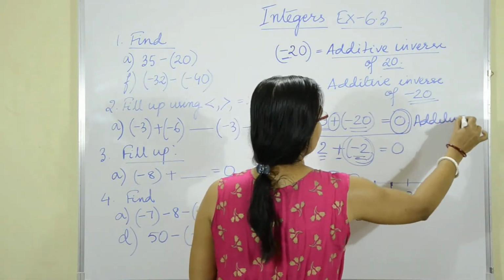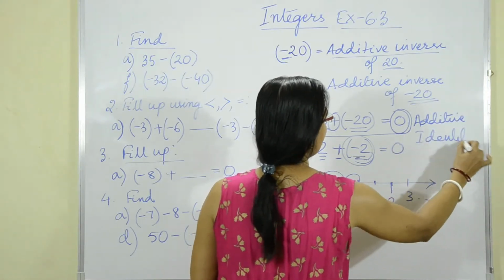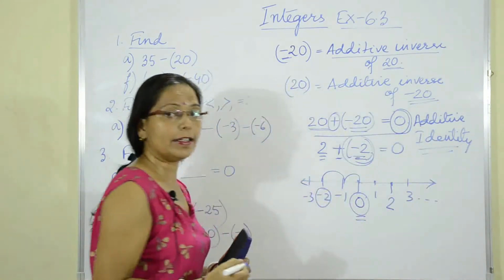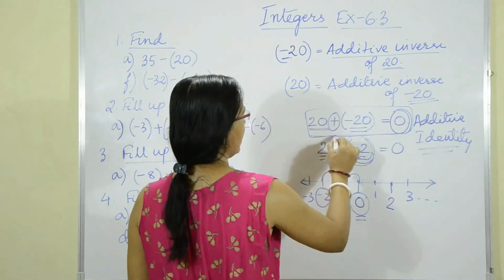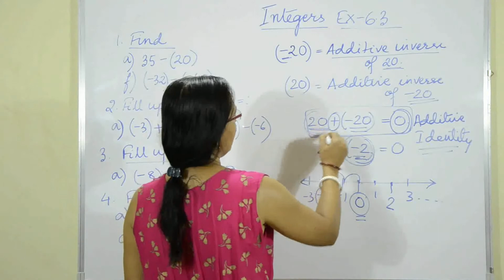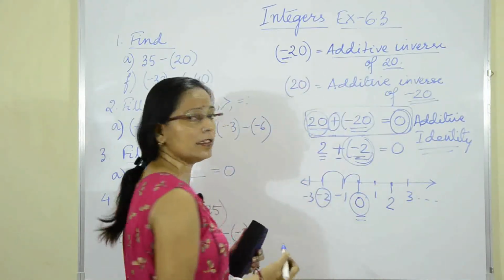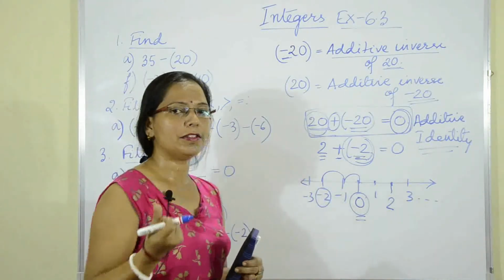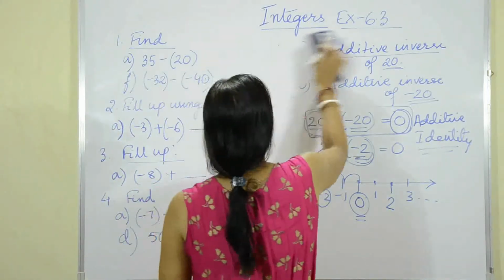Gradually you will have to remember this as well. 0 is always the additive identity, and this type of statement is known as additive inverse. If it is say 20, what is the additive inverse? Minus 20. If it is minus 20, additive inverse is 20. Any number, just put the negative sign or just the opposite sign, and that becomes the additive inverse. Now this is what the additive inverse is.